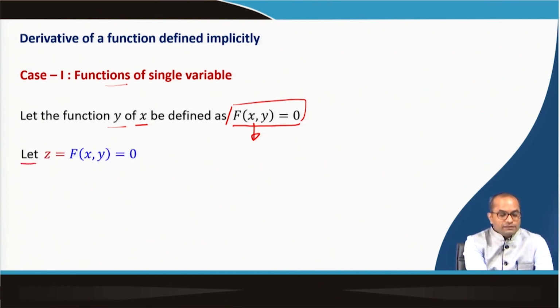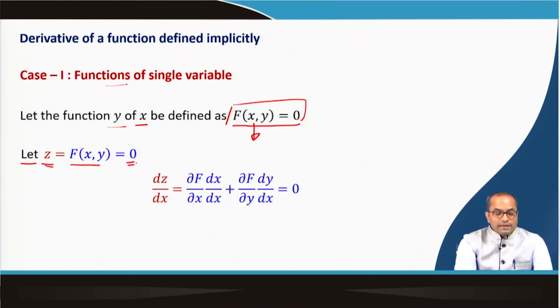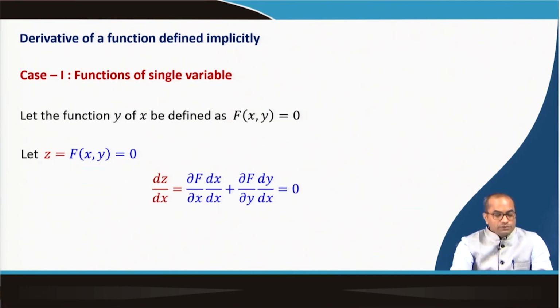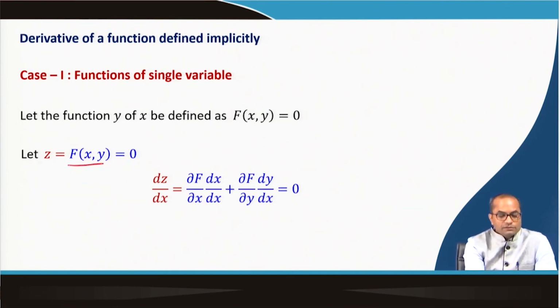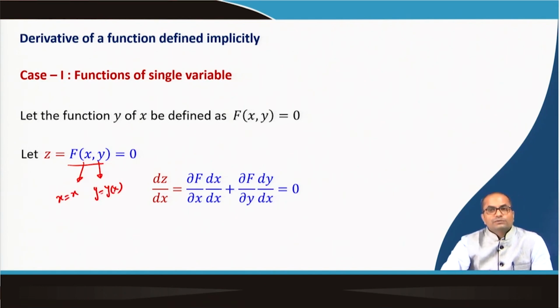So, let z be equal to f of x, y, and this is equal to 0 of course, and then we get this derivative of z with respect to x. Why are we doing so? Because this f is a function of x and y, and we know that y is a function of x and x is a function of x, we can just treat it as such.